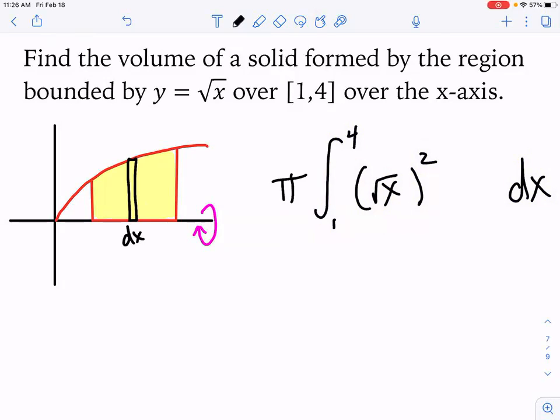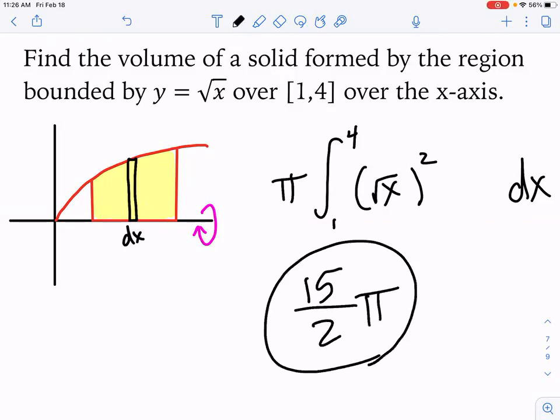Matthew has gone ahead and found 15 halves. The rest of you need to confirm his 15 halves.